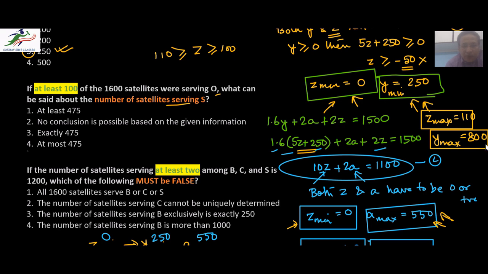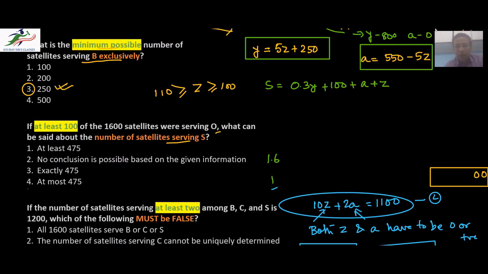The number of satellites serving S is 0.3y plus 100 plus A plus Z. Now Z is 100, means from this equation we get A is equal to 550 minus 500, which is 50.